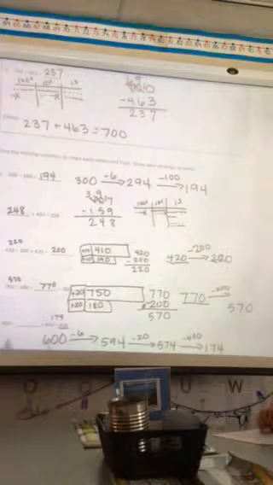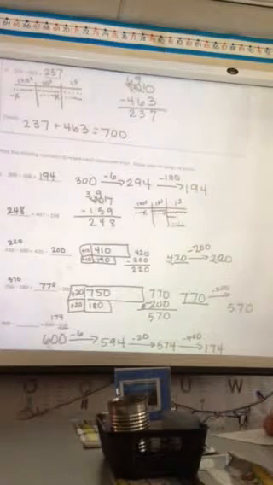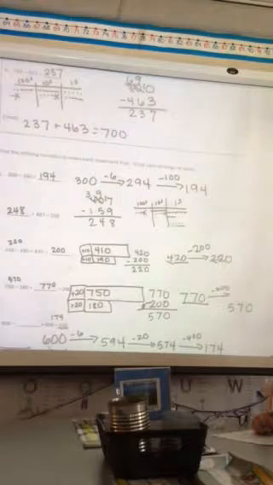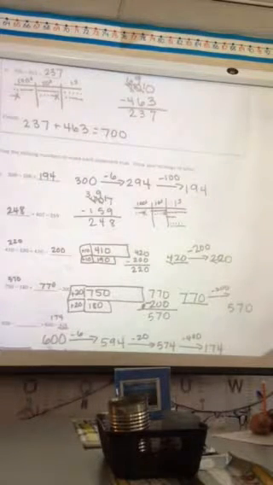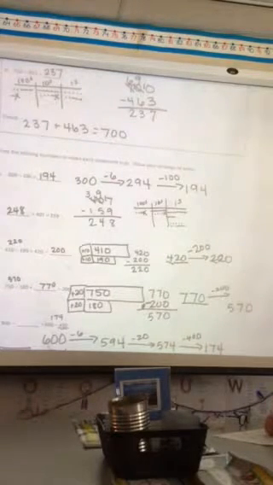So if I start with 900, what do I need to take away to get 174? Well, that's the same as combining 174 plus something to get 900.